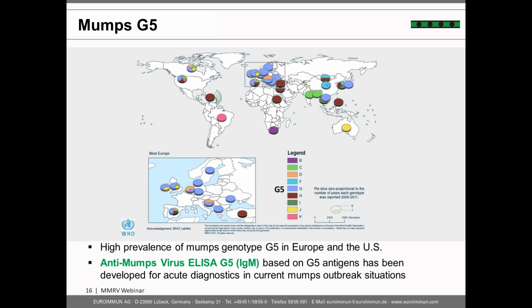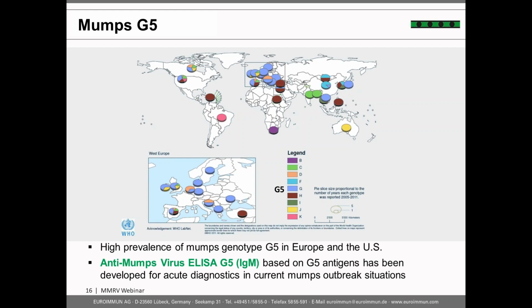And again, just like for measles, the molecular testing plays a major role in the acute diagnosis of infections, but just like for measles, in the mumps case, ELISA solutions and IFA solutions in terms of serology play a very strong supporting role when it comes to the diagnosis of the disease.